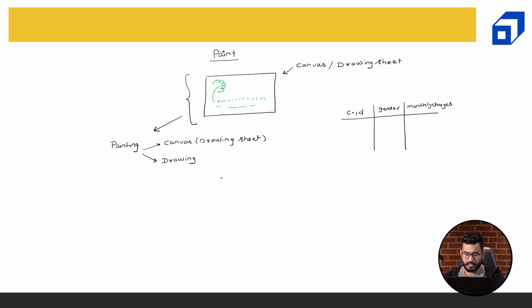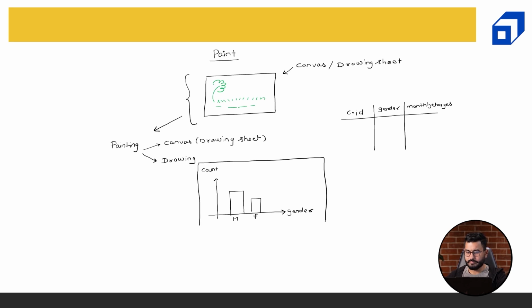So how would that bar chart look? It would look like this, where on the x-axis I'll have gender, here on the y-axis I'll have count, and then we'll have male, female. Now, in order to plot this, in Python we need a figure.